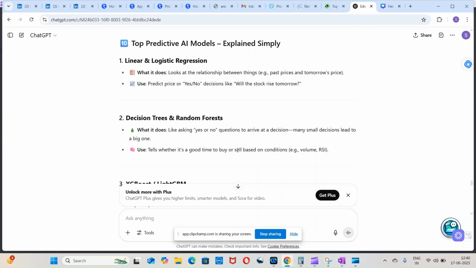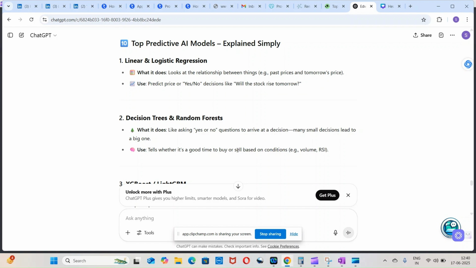So it's basically asking yes or no questions to arrive at a decision. Many small decisions lead you to a bigger one, and you navigate those small decision trees to come to the bigger decision.